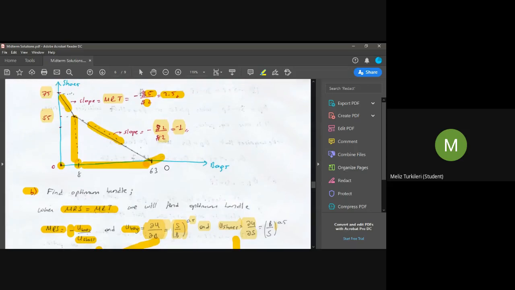You should probably find out the same amount, because if you try to draw the indifference curves, you will find out that the furthest indifference curve should pass through this part, because the slope of this line is lower than the slope of this part, right?